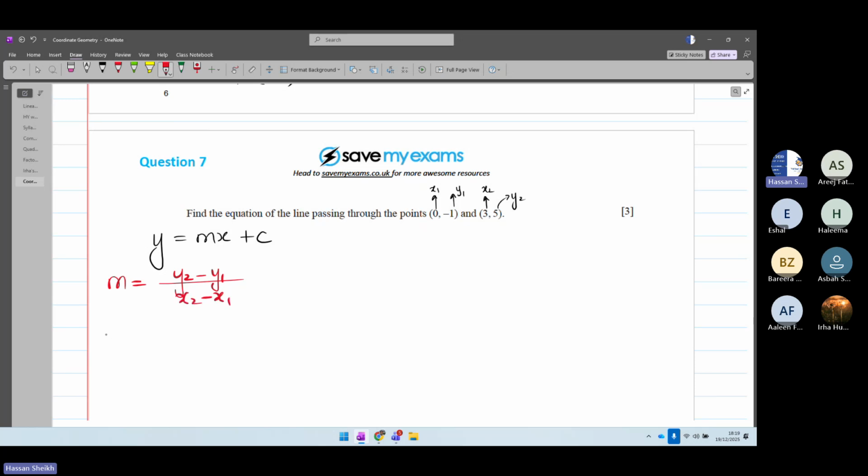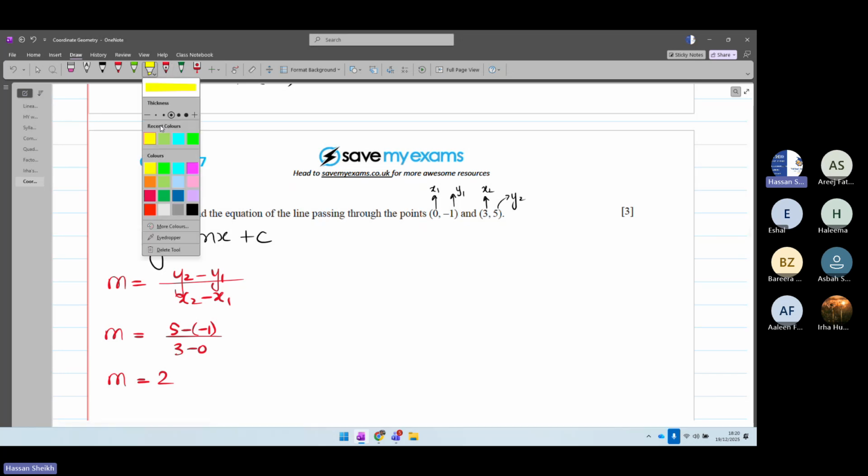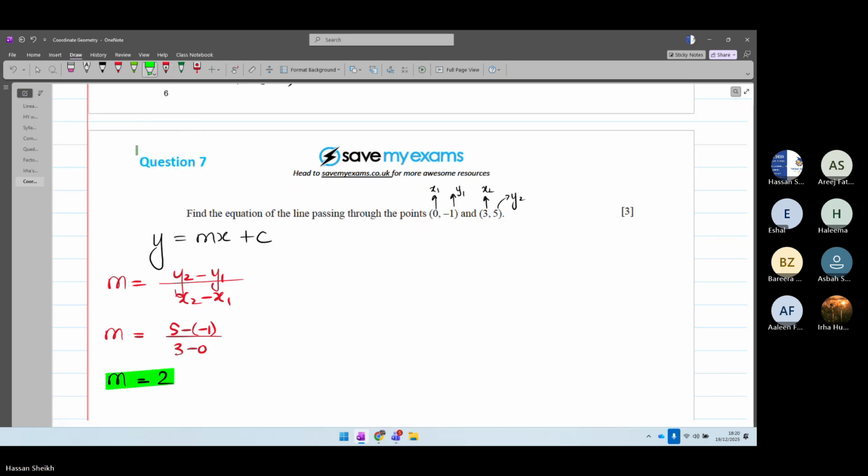I have y2 as 5, y1 as minus 1, so 5 minus minus 1. And then x2 as 3, 3 minus 0, which means 3. So m comes out to be 2. Students, do you agree that slope comes out to be 2 because it is 6 over 3, which is 2?